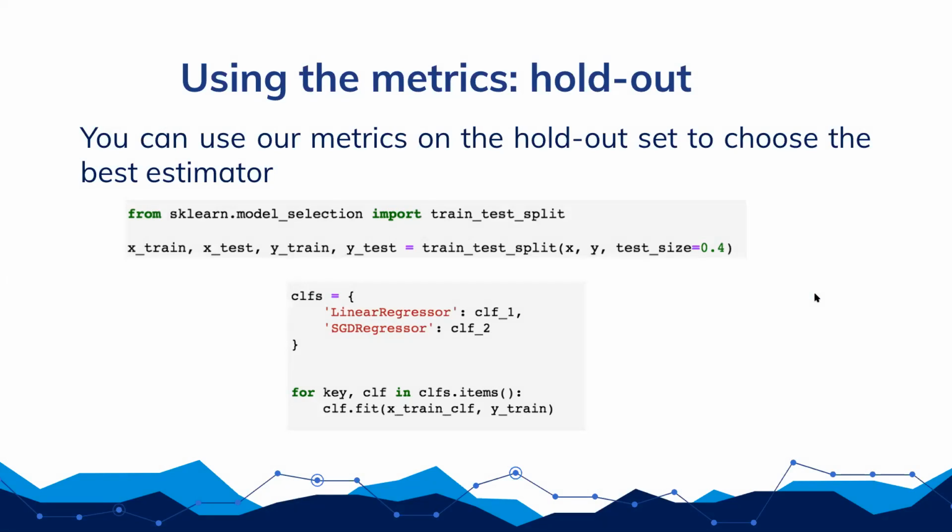So you can use the metrics on a holdout set to choose the best estimators. This is one of the things that you are looking for in a holdout set, which is the test set. You want to compare all the metrics on that set to choose the best estimator.